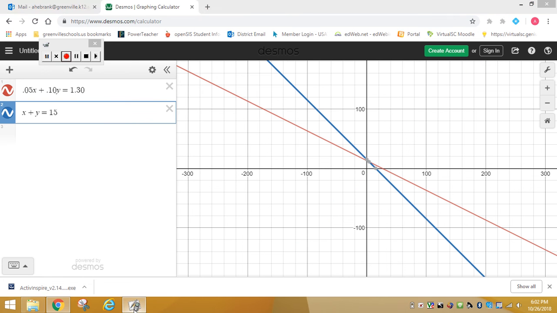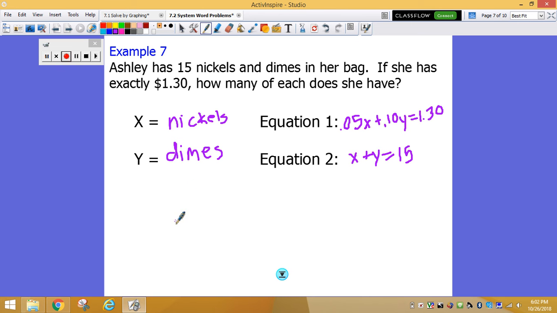I think that's right. Let me double check. Yep. And my answer is 4, 11. So x is 4, 11 is y. So she had 4 nickels and 11 dimes, and that adds up to $1.30, and it adds up to 15 coins.